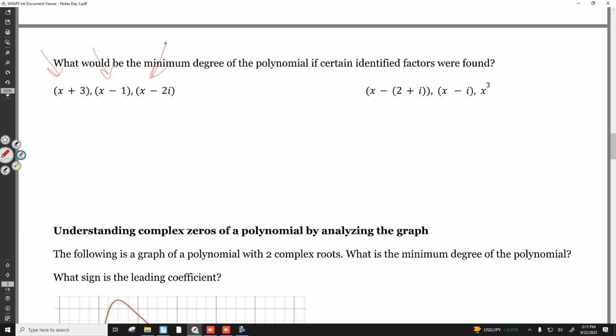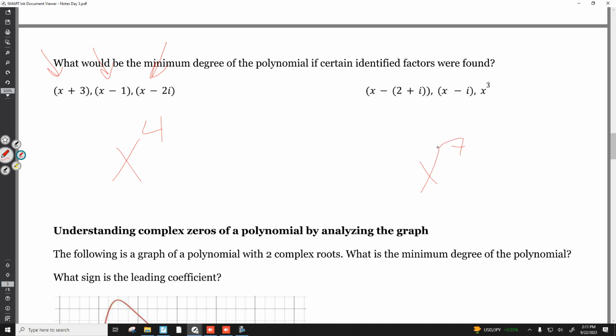This has to be an x to the 4th. If I have x minus i, I'm going to have the x plus i that goes with it. Oh, I have x equals 0 3 times. I have 3, 4, 5, 6. This has to be an x to the 7th.